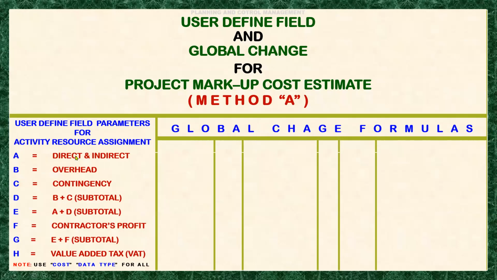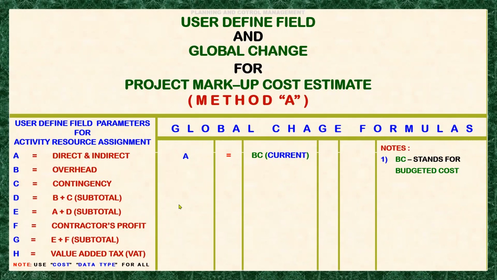From direct, overhead, contingency. Okay, let's start. A is equal to the budgeted cost here. No, the BC is equal to budgeted cost of the current direct and indirect cost. That is for the current value, while the markup cost is still not yet applied into the project schedule.